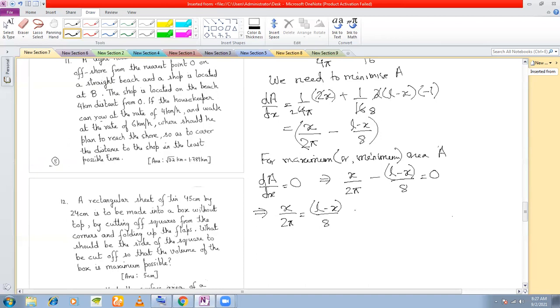Now you can cancel this 2 here, 4 times. Cross multiply, you get 4x is equal to pi times (L minus x).